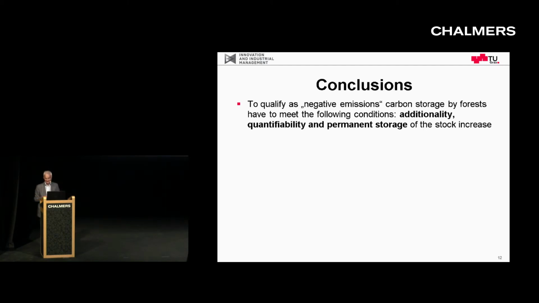Quantifiability seems to me has not received that much attention so far, but whatever is being established in these negative emissions has to be exactly quantified, because most of these actions will run under some kind of scheme that's comparable to carbon credits. And the people offering carbon credits under these circumstances have great interest in getting the bookkeeping correct. So it has to be quantifiable, whatever is ending up at the end in a permanent storage.